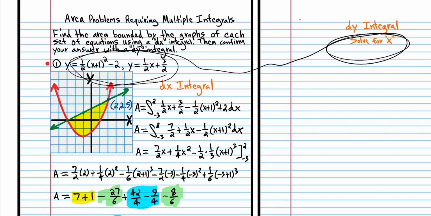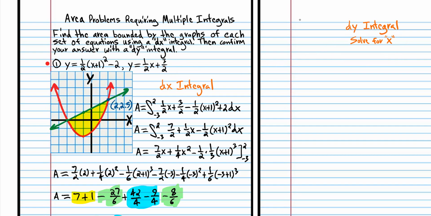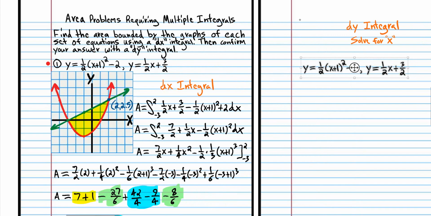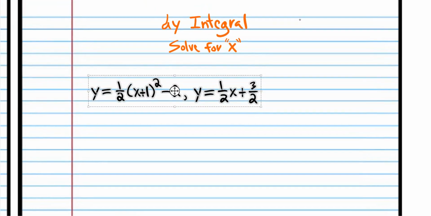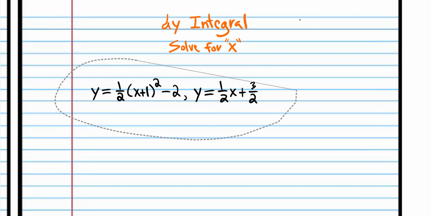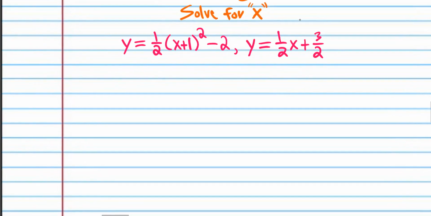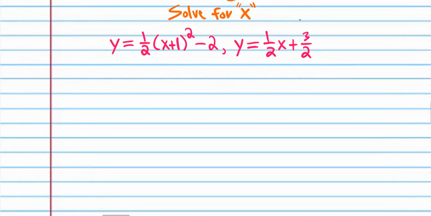In both these equations, x is not solved for. So that's the first thing that we have to do. And again, we're doing two things here. We're learning how to use multiple integrals to calculate area, but we're also learning how to use dy integrals. So we're accomplishing many different things here. So I'm going to rewrite these, and I'm now going to solve for x.